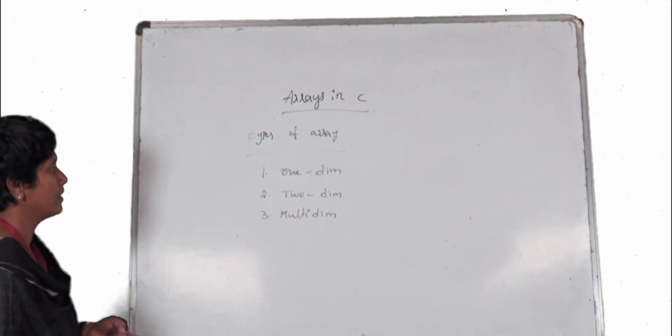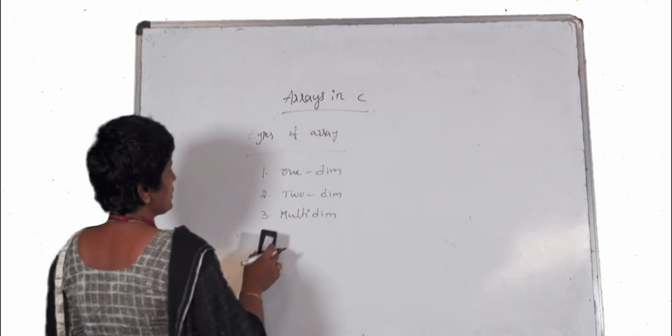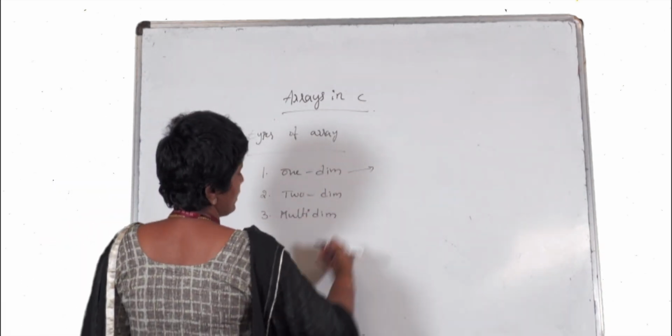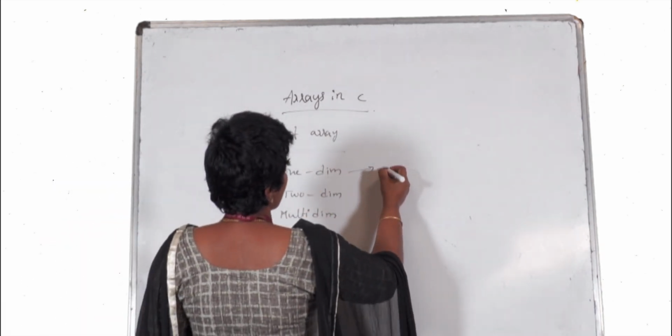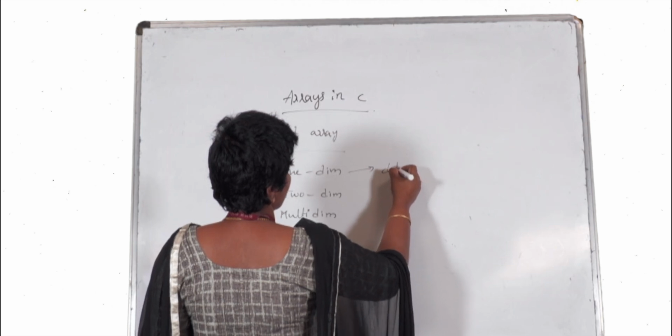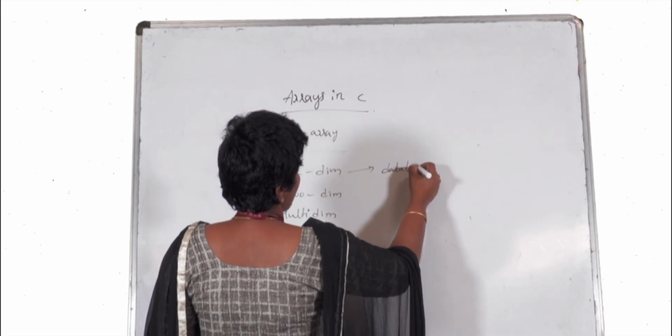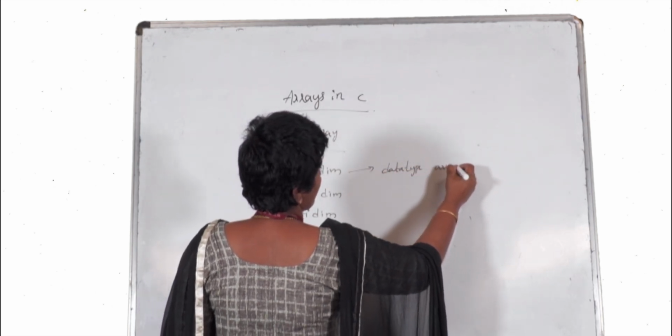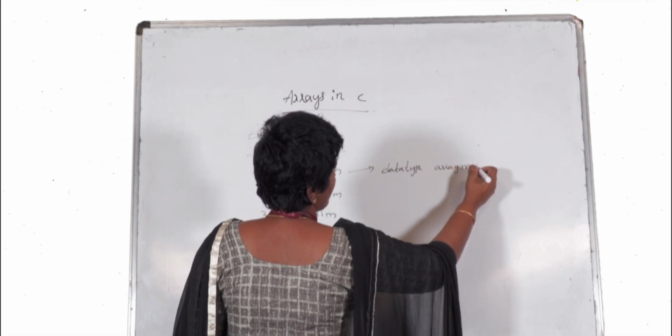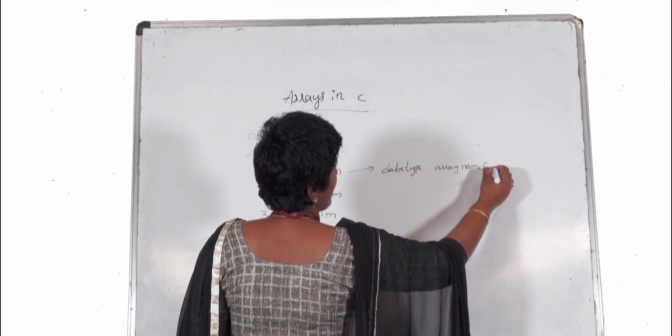So what is the declaration of a one-dimensional array? Same thing: data type, array name and size.